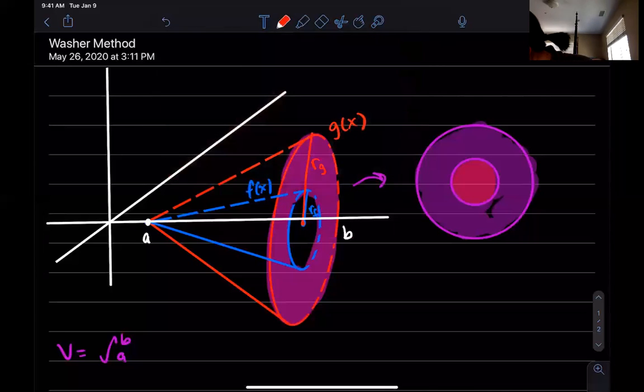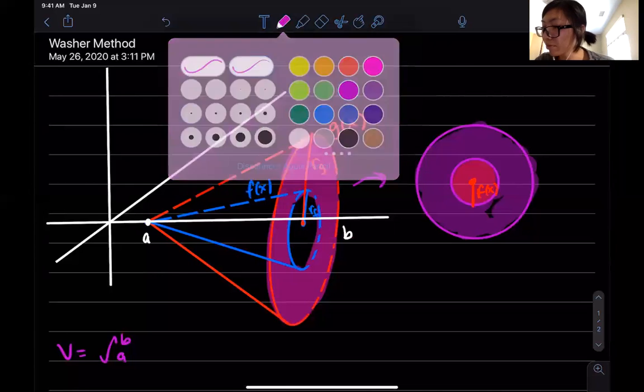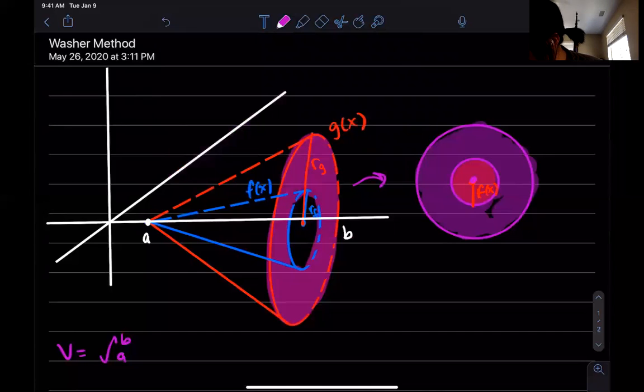This is the center of the circle. Now what about the big circle? That big circle is going to be given by g of x, because that big circle is going to go from the x-axis up until you hit g of x. So this is g of x.